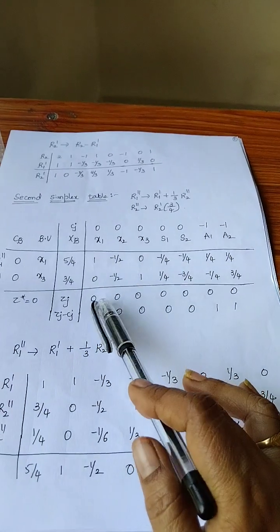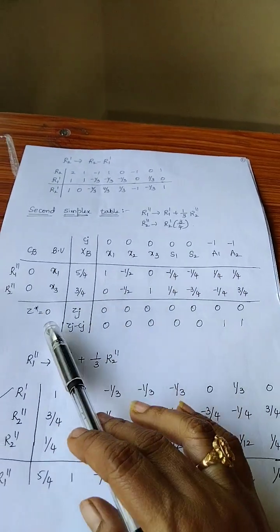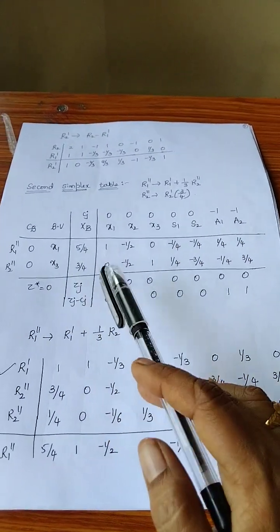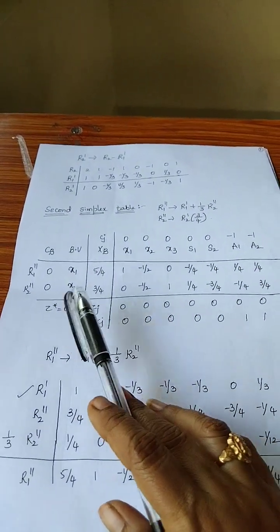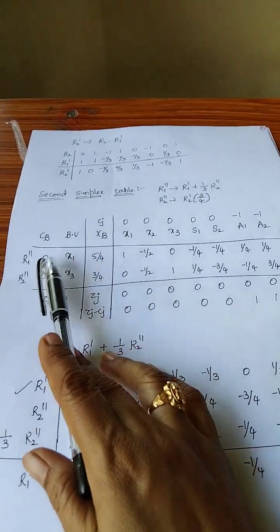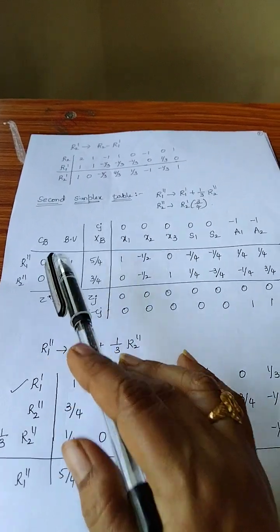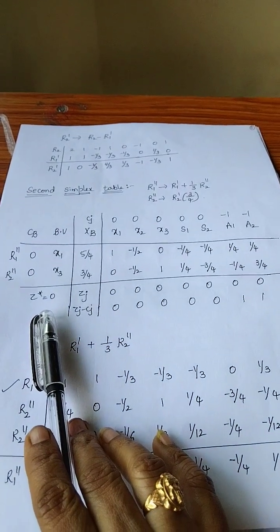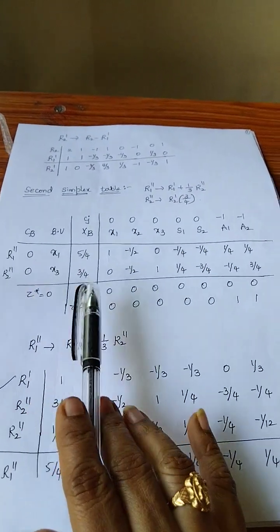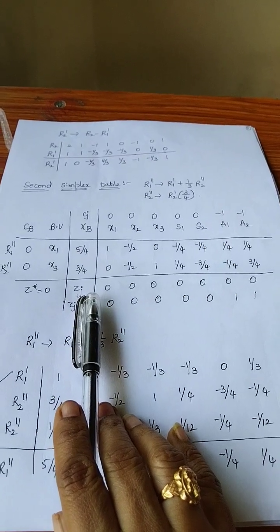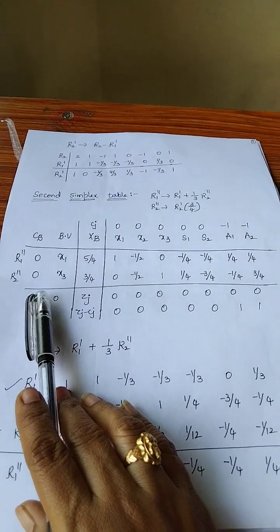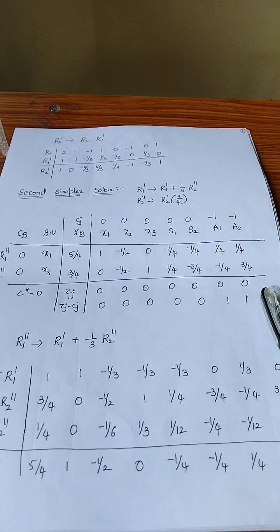So now you have to check the value of Z star and Zj minus Cj. See, the Z star is nothing but, as the coefficients are zeros, you are going to get the Z star value as 0 only. Now finding out the value of Zj, as the coefficients are zeros, all the Zj values are zeros only.